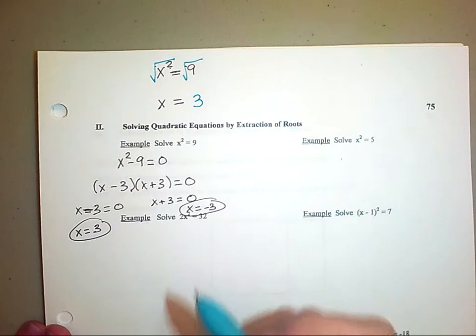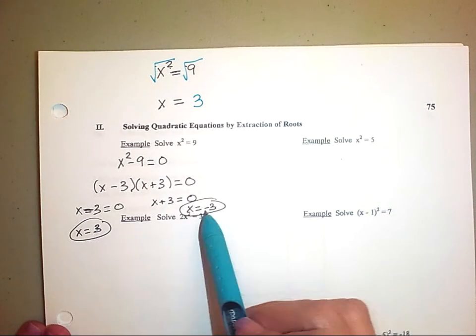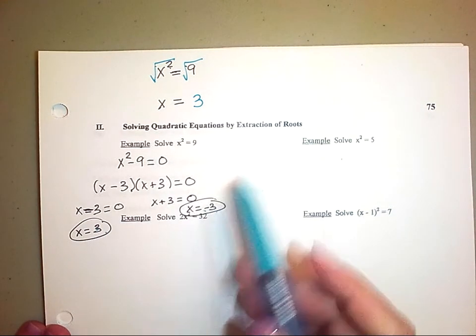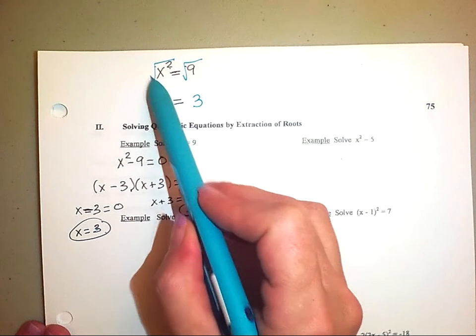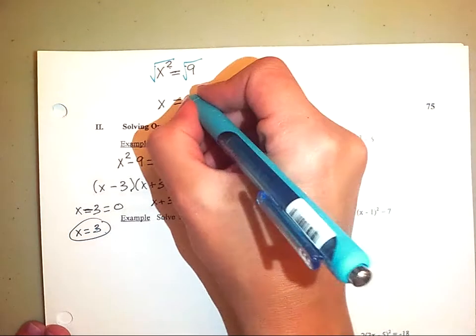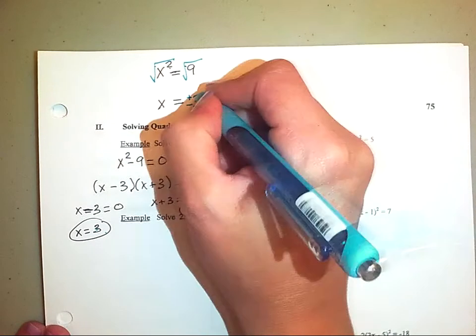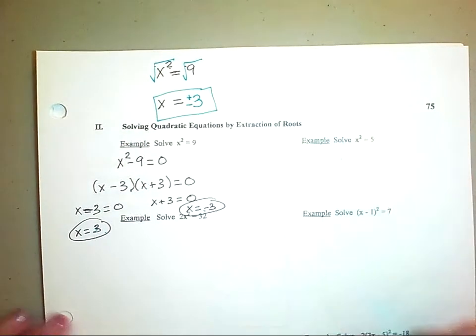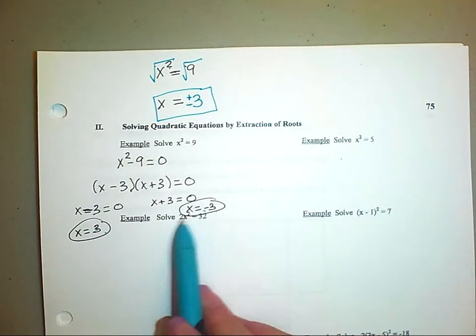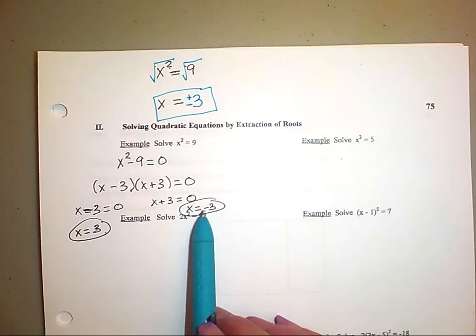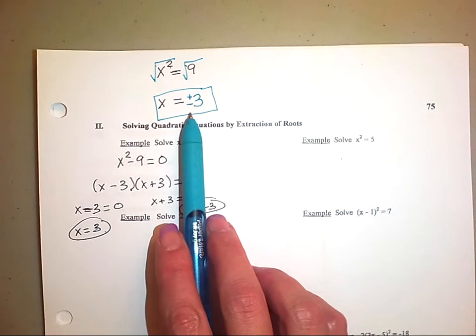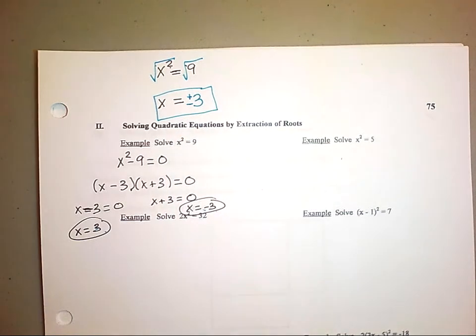But notice we should have two different answers. So when we do it this way, that is, if we take the square root of an unknown, we have to remember to put the plus or minus. So if you factor it, you won't have to remember the plus or minus, although sometimes it might be difficult to factor. So let's just use that same method here now.